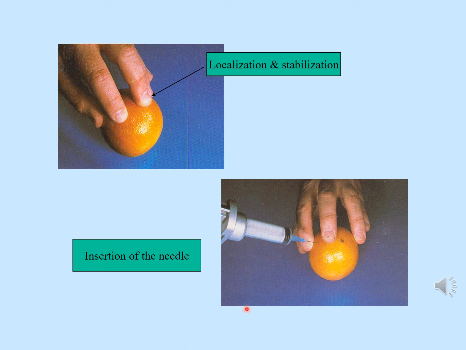The second step, as we just discussed, is insertion of the needle. Now please pay attention carefully to this. At this point, when you are inserting, the plunger is at the base, and the needle is penetrating into the lesion. So here we are imagining that this orange is similar to a swelling.